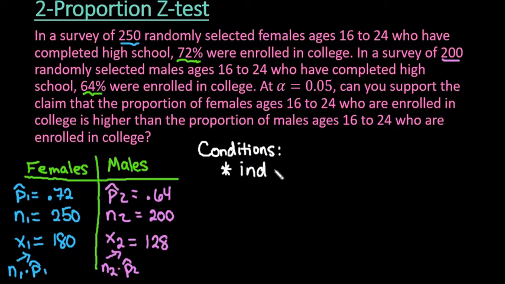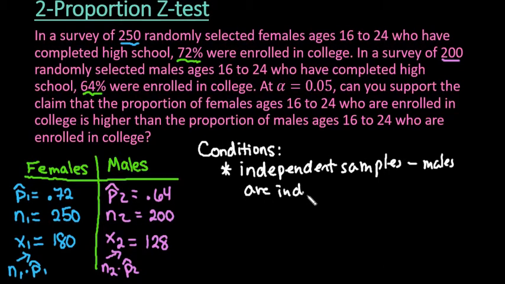The first one is that we want to have independent samples, and the males and females who responded are independent of each other. The second one that needs to be met is that we have to have some kind of random selection, and it does state that they were randomly selected.